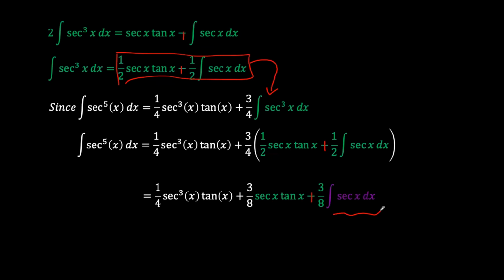For me, I really enjoy integrating sec x. So this is also going to be really, really fun. So let's see. The integral of sec x is the integral of 1/cosine x. Now cosine x, using the half angle formula, is the same as cosine squared x/2 minus sine squared x/2.